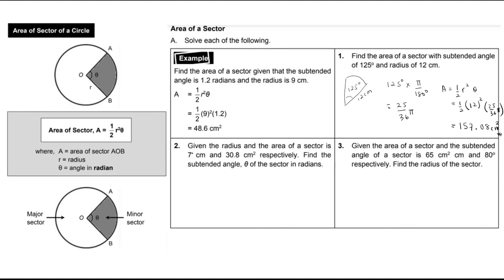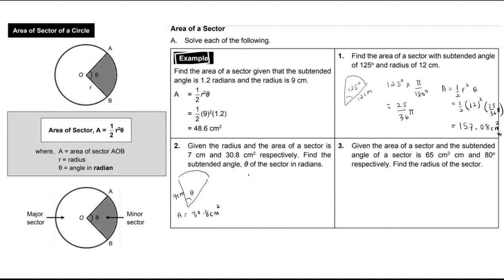Okay, now let's try number 2. Given the radius and the area of a sector is 7 cm and 30.8. So again, let's say we have a sector and the radius is 7 cm. The area of the sector is 30.8 cm squared. Find the subtended angle theta of the sector in radians.